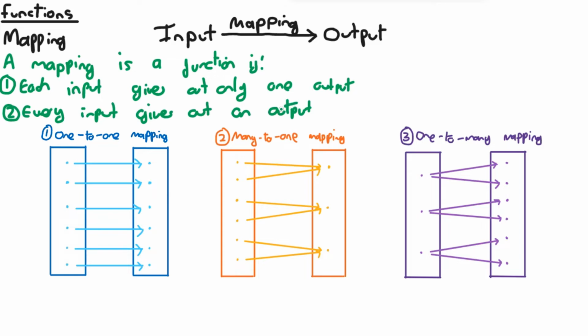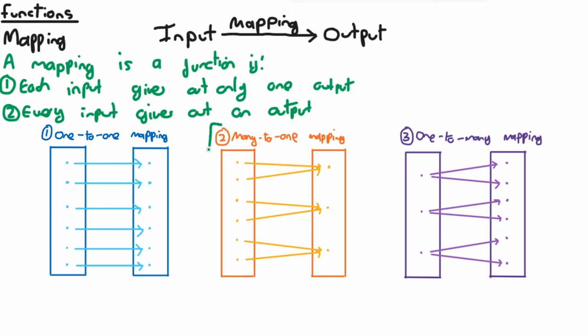So let's focus on condition 1 first, that each input gives out only one output. And let's consider the 3 types of mapping. So let's start with a one-to-one mapping, and this is fine because each input gives out only one output. There is no input that gives out 2 outputs, it's always only one output that is given out.